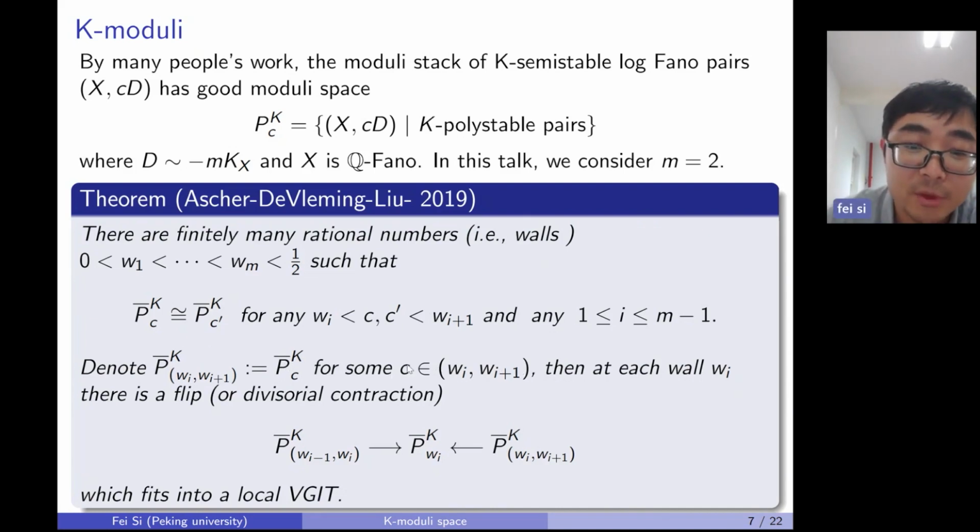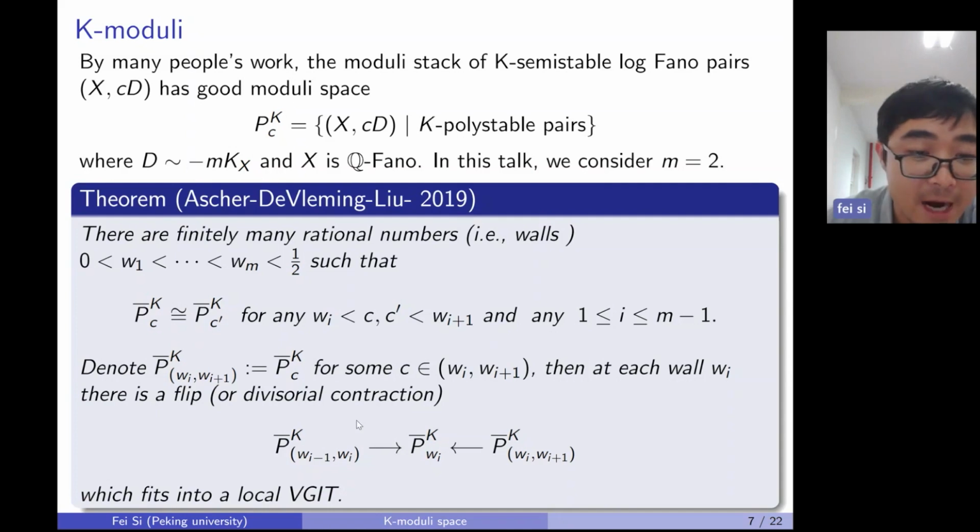Then, if you let C cross this number Wi, there is a so-called wall crossing behavior. That is, there are finite maps between these moduli spaces. So you may contract some C from here to here, and also contract some C from here to here.